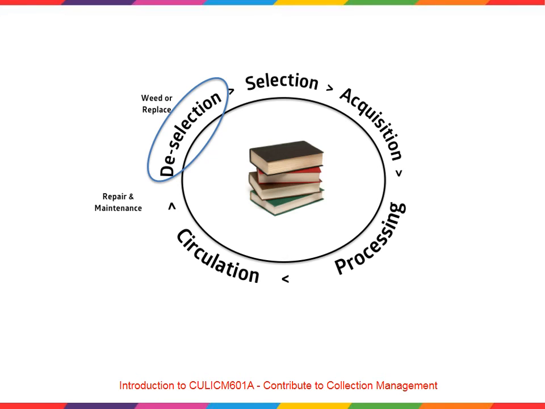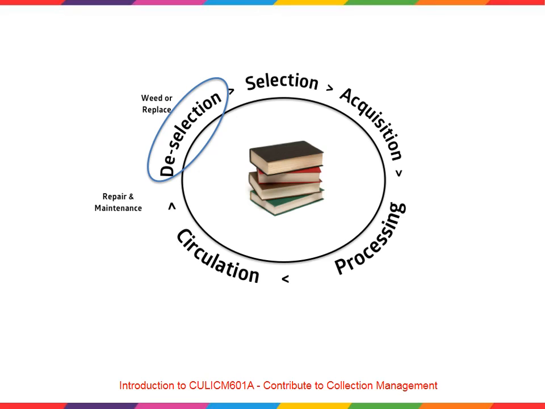Most libraries will have a policy for weeding or culling the collection, and this is where we basically go through shelf sections and assess them against that policy, looking at the age, looking at the condition, looking at the relevance of items to the uses that the library patrons have for it, and deciding whether or not they should be retained.